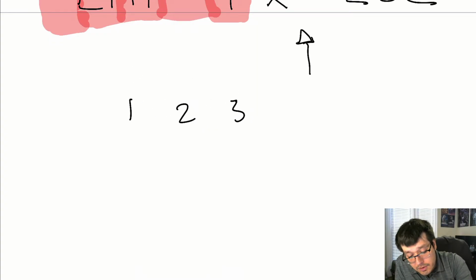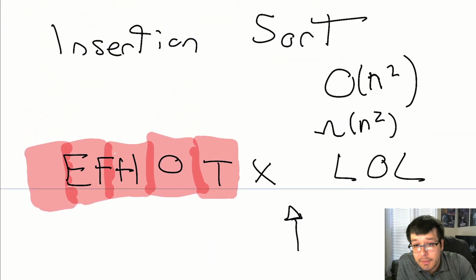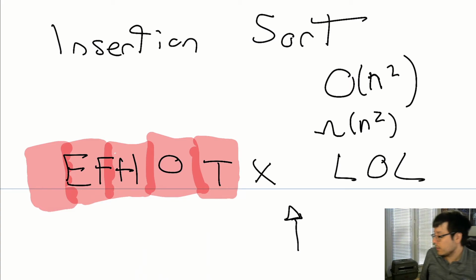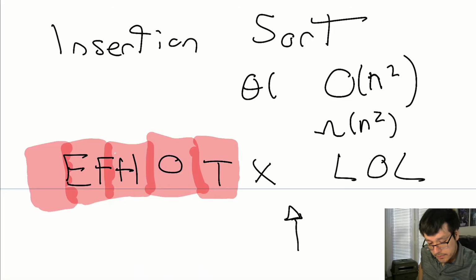So I think the worst case scenario is ironically giving it an already complete sorted list. I don't think there's a scenario where you can achieve n for this one. Yeah, insertion sort is n squared all around. So all three of these are going to be n squared.